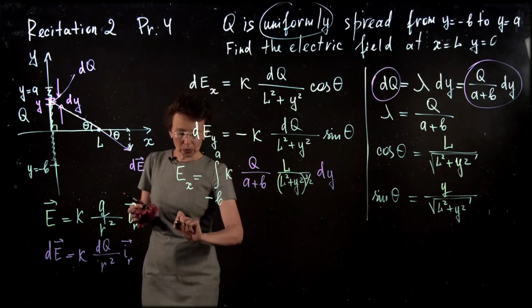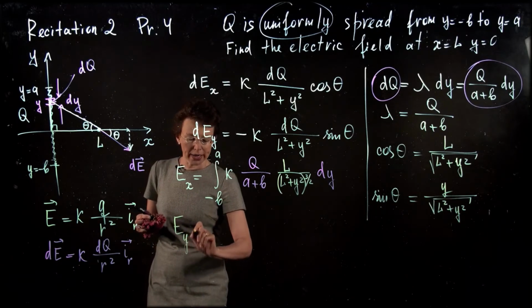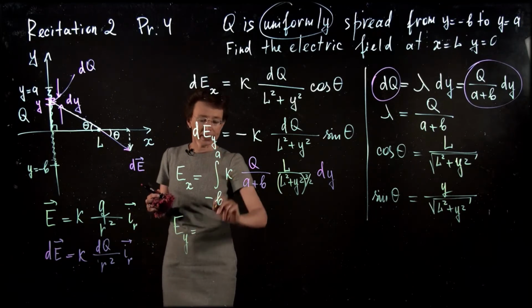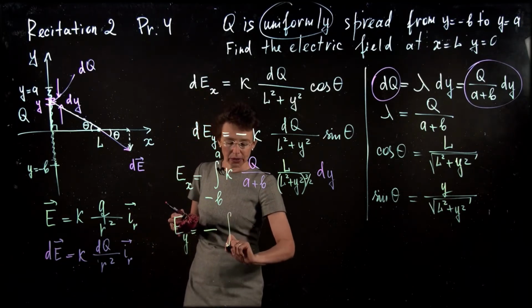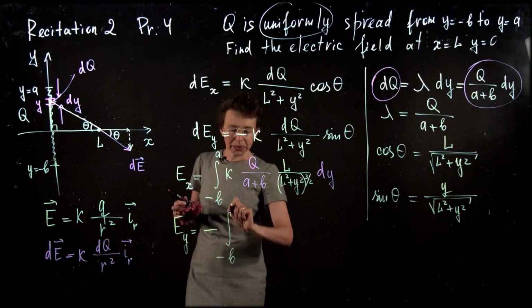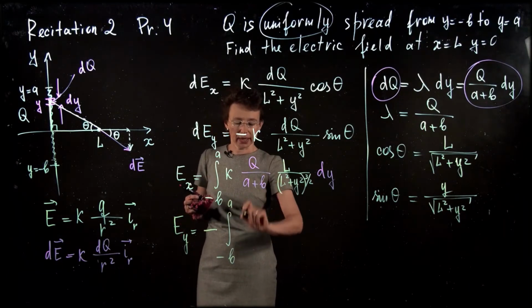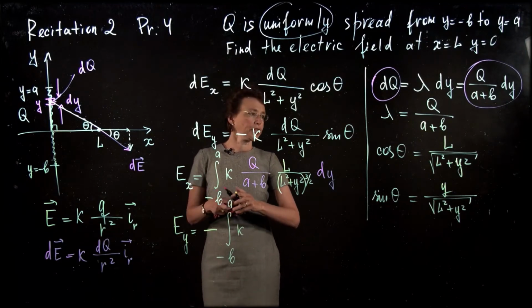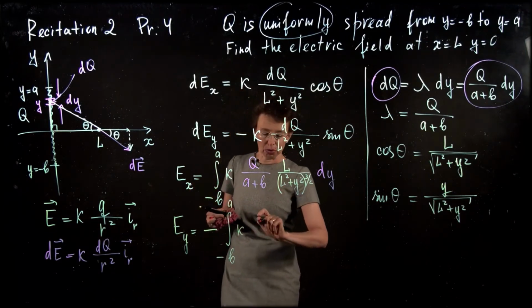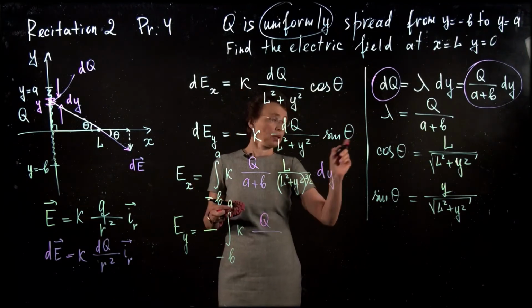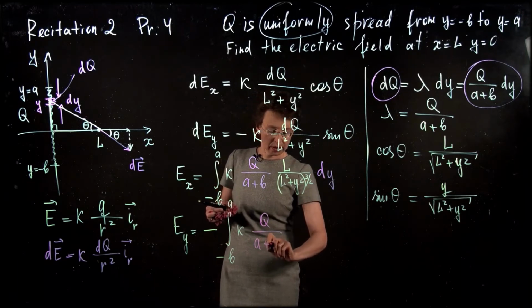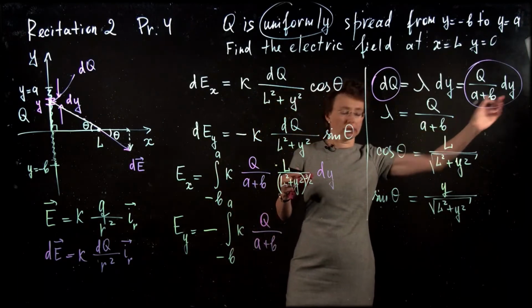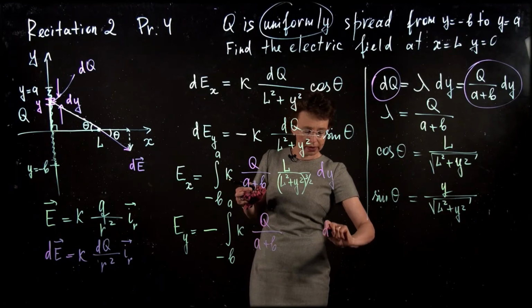And now I will write Ey as an integral. Ey is minus the integral from minus b to a of k dq, where dq is q over a plus b dy. I will put dy here.